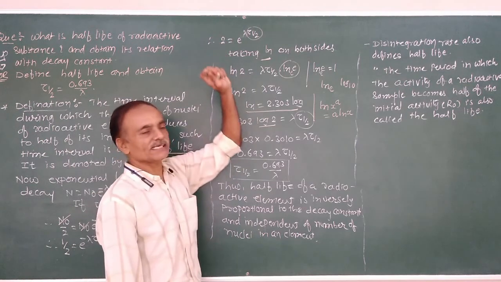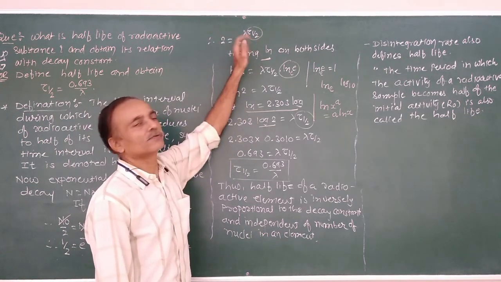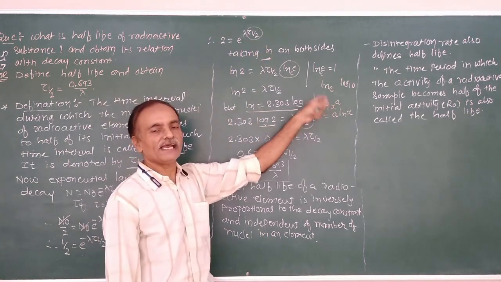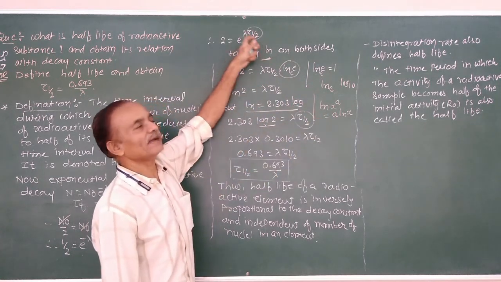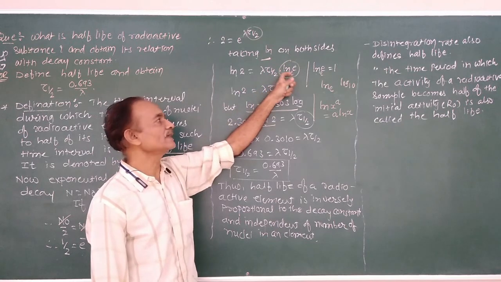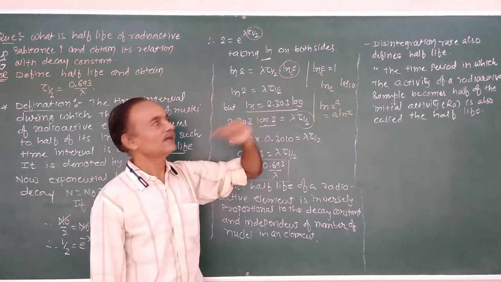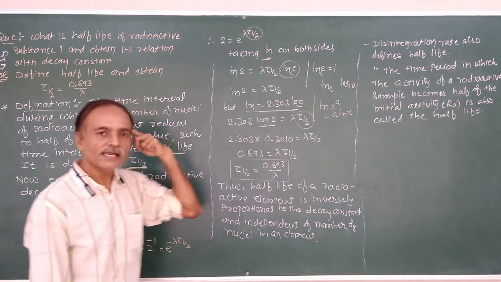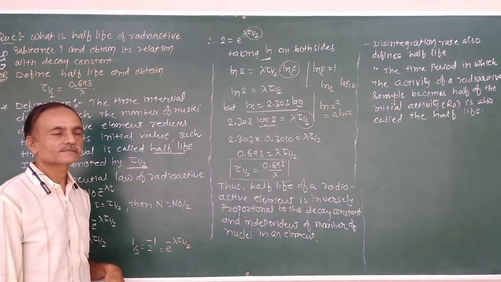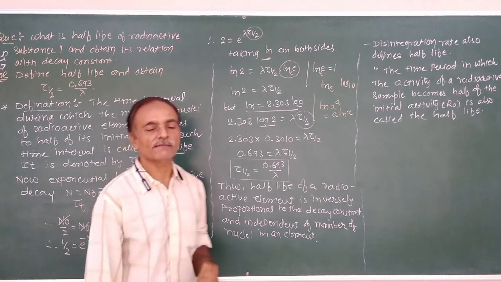Taking the ln on both sides, therefore ln 2 is equal to, using the concept ln x^a = a ln x, lambda tau half into ln e. ln e is 1, its value is 1. Therefore, ln 2 is equal to lambda tau half.